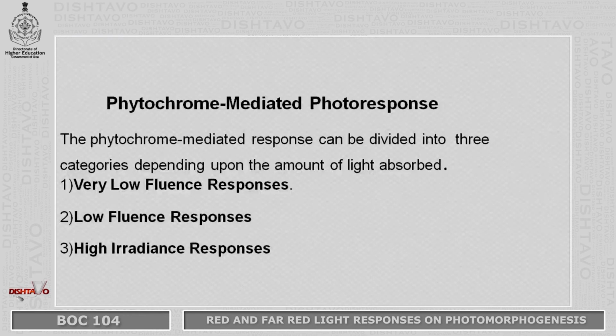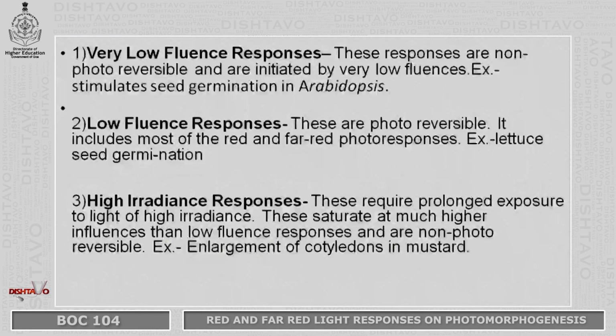Now we shall go to each one and see what it is. The first one, very low fluence responses. These responses are non-photoreversible and are initiated by very low fluences. For example, in the plant Arabidopsis, they stimulate seed germination.